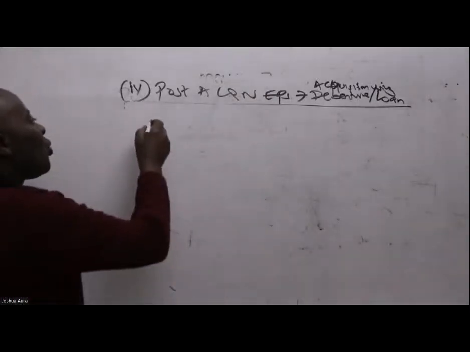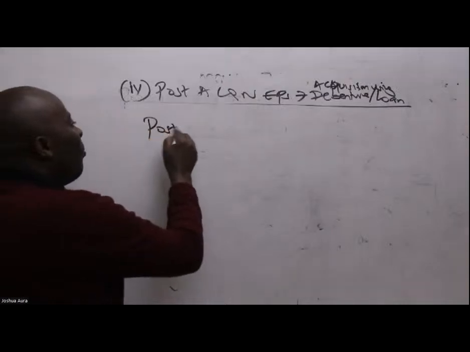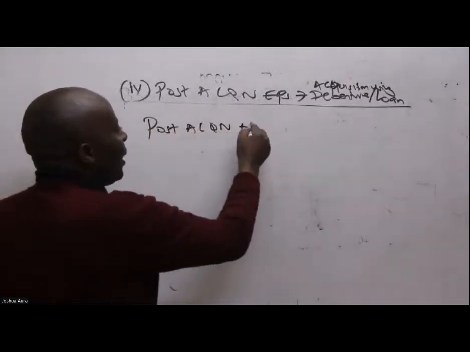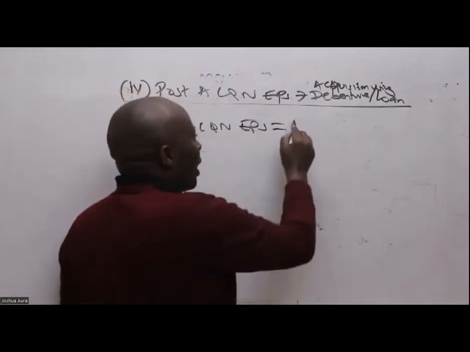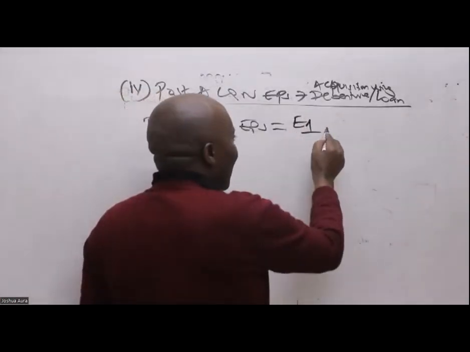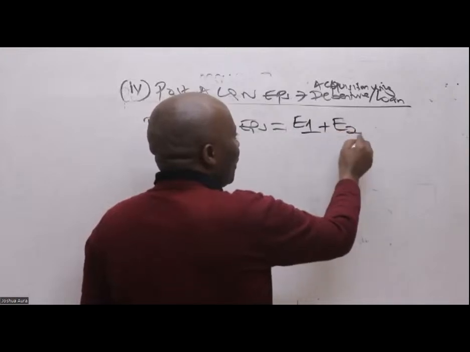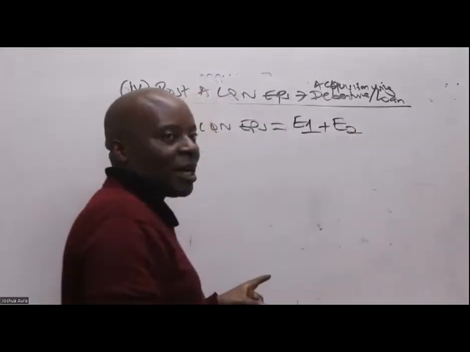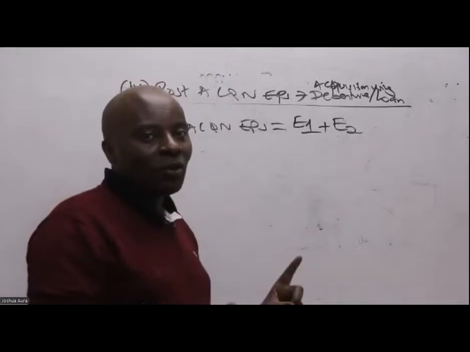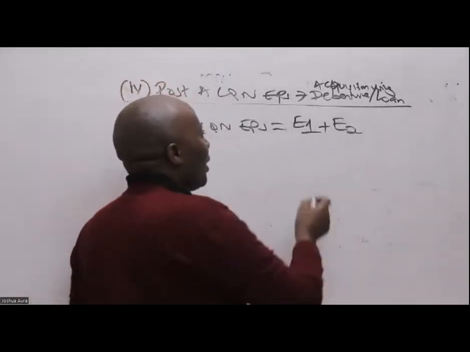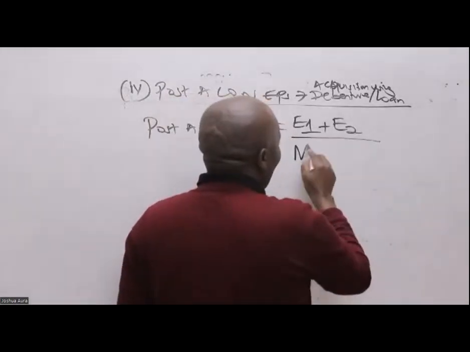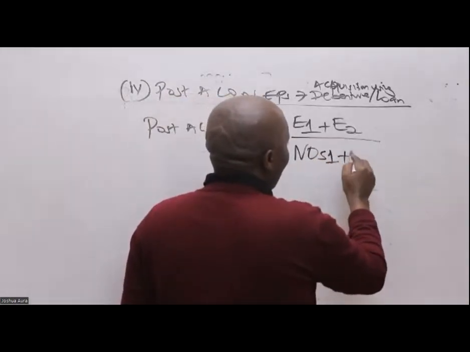It doesn't matter. The very first thing I'll do is write down the formula. Post-acquisition EPS: after marriage, I expect my earnings plus the earnings of the wife to be put together. And because we are one, we can have either person signing, there's no secrecy, either person signing, over nose 1 plus nose 2.